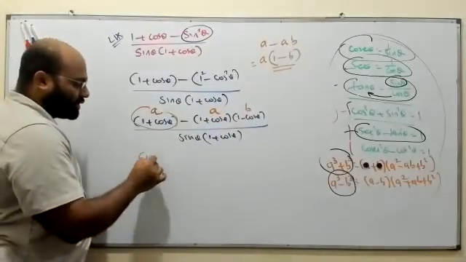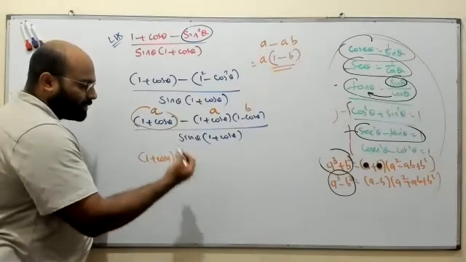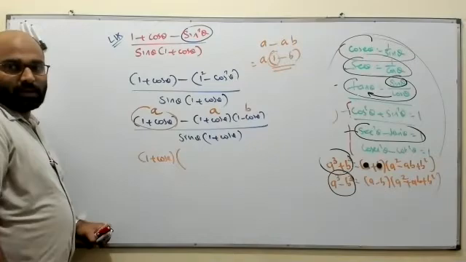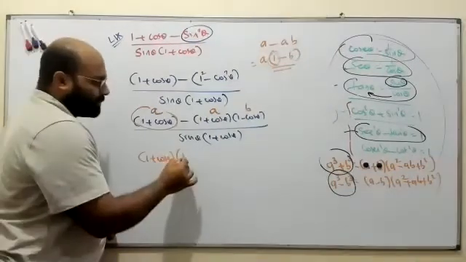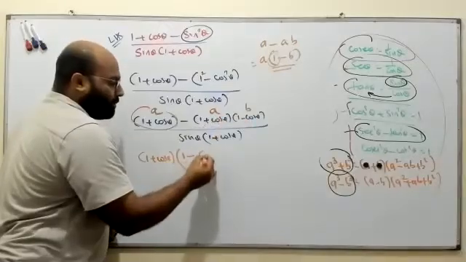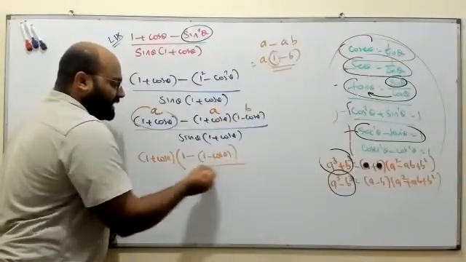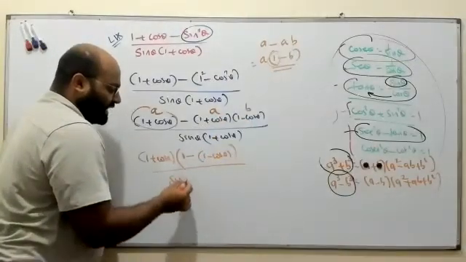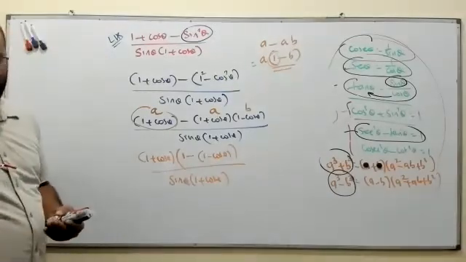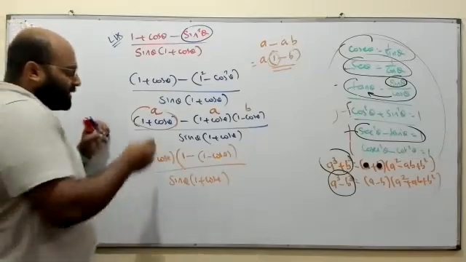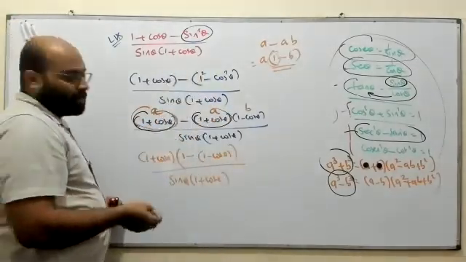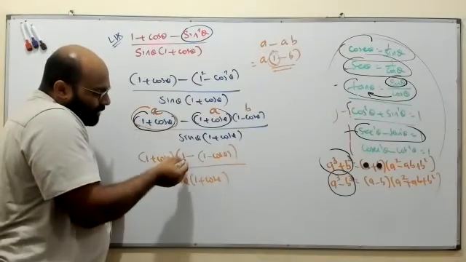That means I took 1 plus cos theta outside. When taking the common term completely from there, there will be a 1.